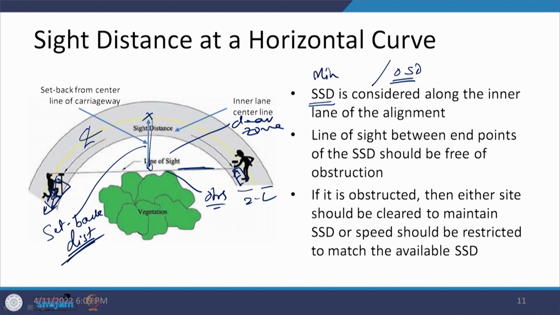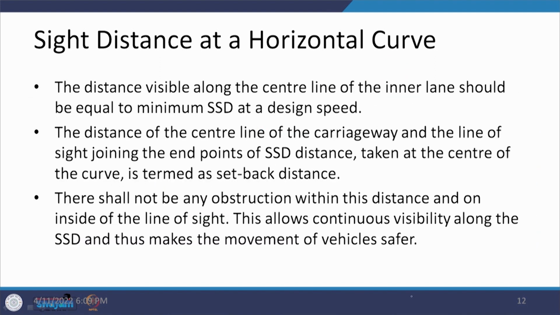This is the situation we are talking about here, and that is what is written on the other side in terms of text. The same is being iterated here, and what you can see is that the distance which is visible along the center line of the inner lane should be equal to the minimum SSD at a design speed. So, if it is 100 kilometers per hour, the minimum 180 meters should be there. If you are talking about the OSD which is to be provided, then 640 meters should be there.